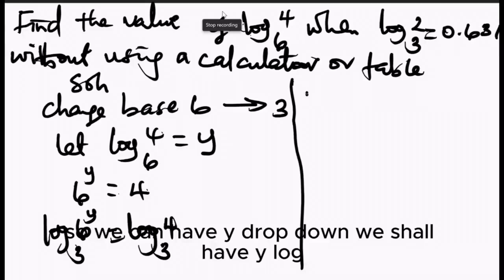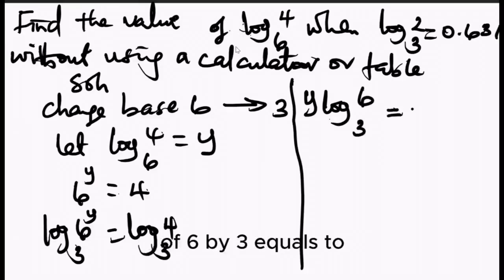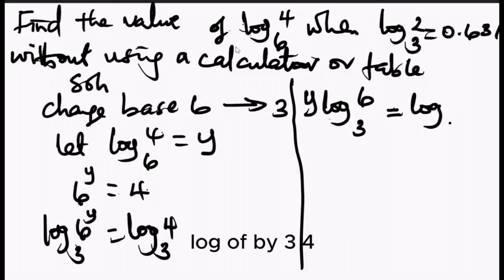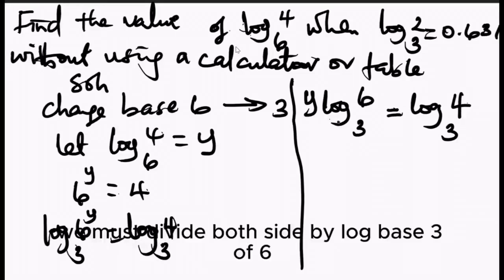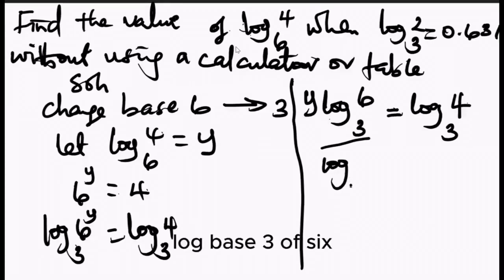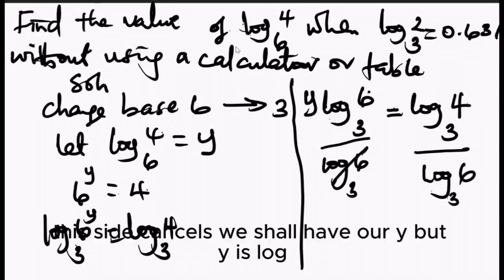So we can have y drop down. We shall have y log of 6 base 3 equals log base 3 of 4. Now when you reach here, you will see that for us to make y the subject, we must divide both sides by log base 3 of 6. This side cancels.